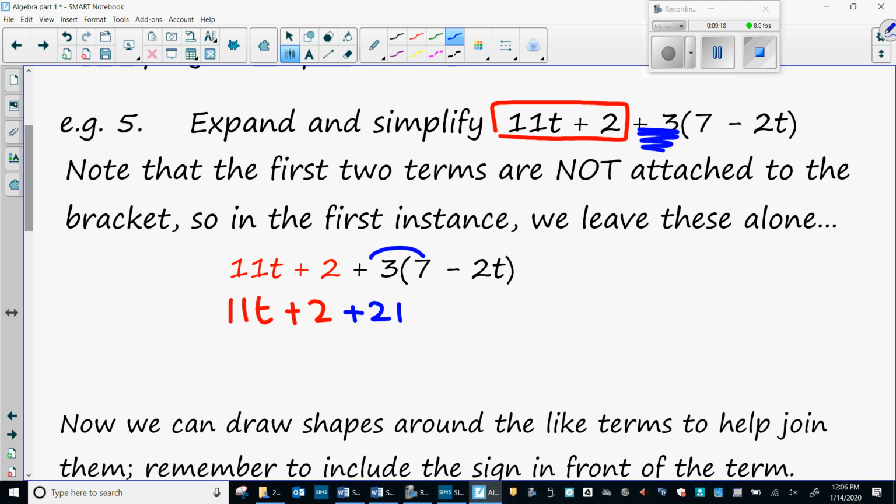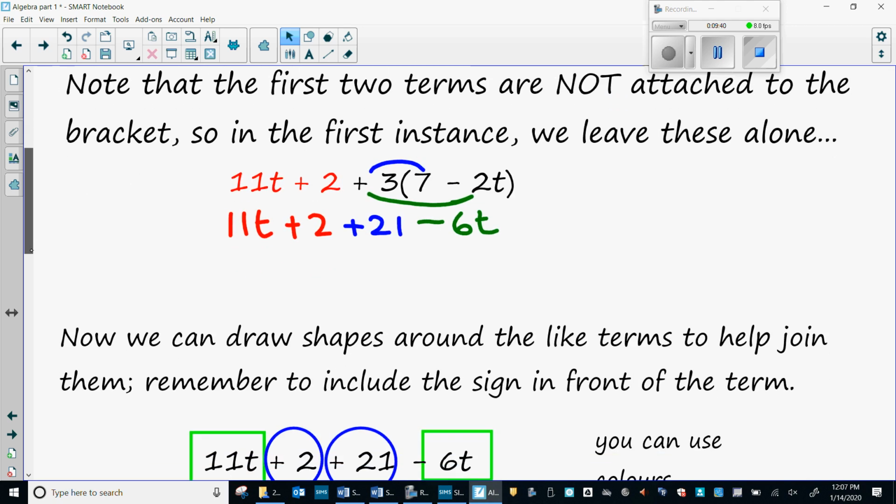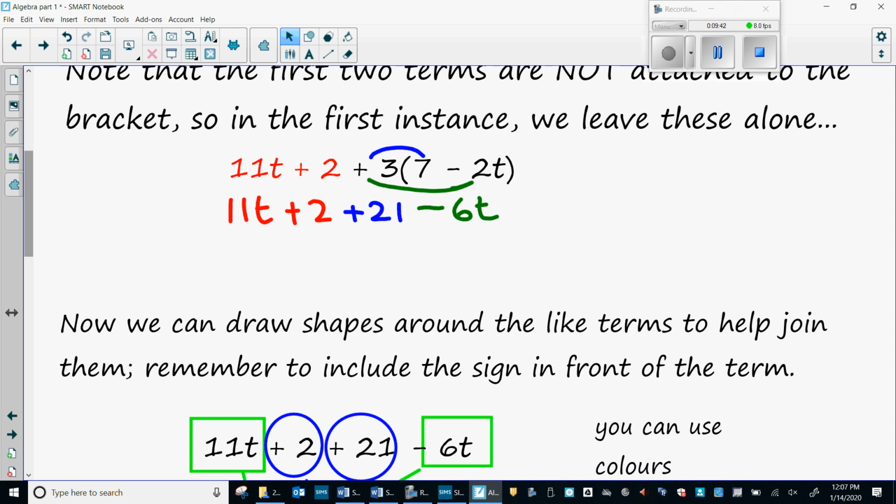I'm then going to have positive 3 multiplied by negative 2t. Negative 6t. You're all happy with that? So that's my first step. So 3 lots of 7, 21. 3 lots of negative 2t is negative 6t.